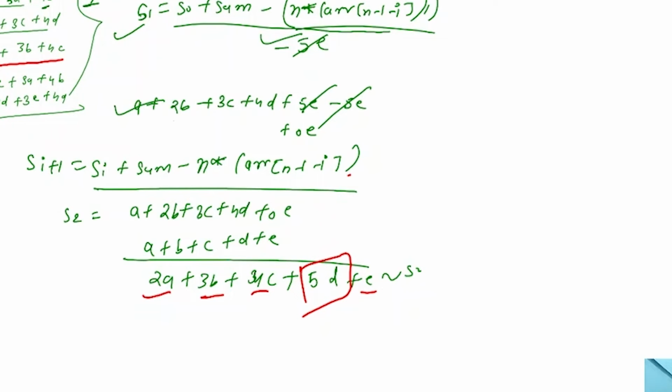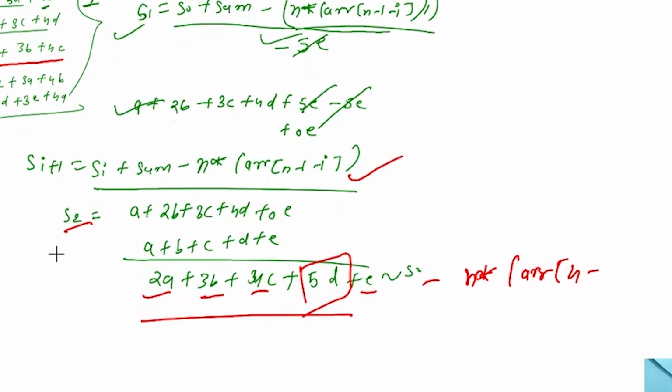And we know how to make it 0. So I will be doing what? I will be subtracting n, which is equal to 5, into ARR of n minus 1, which is 4, minus I. I here is equal to 1, because to form S2 my I should be equal to 1.